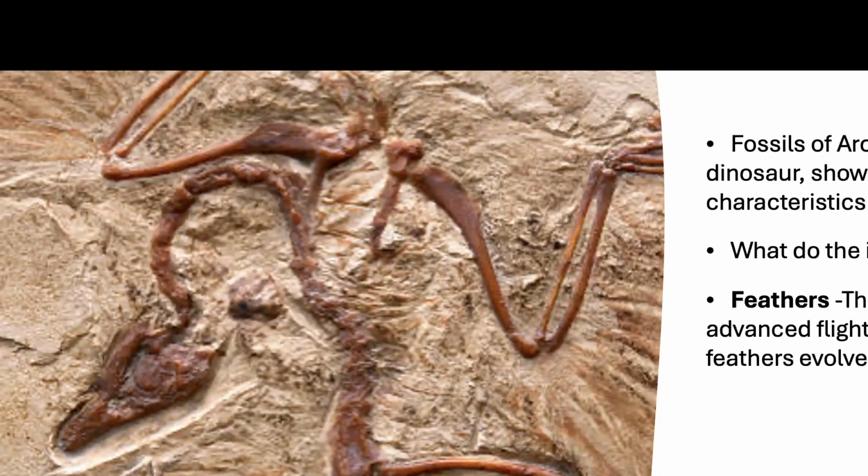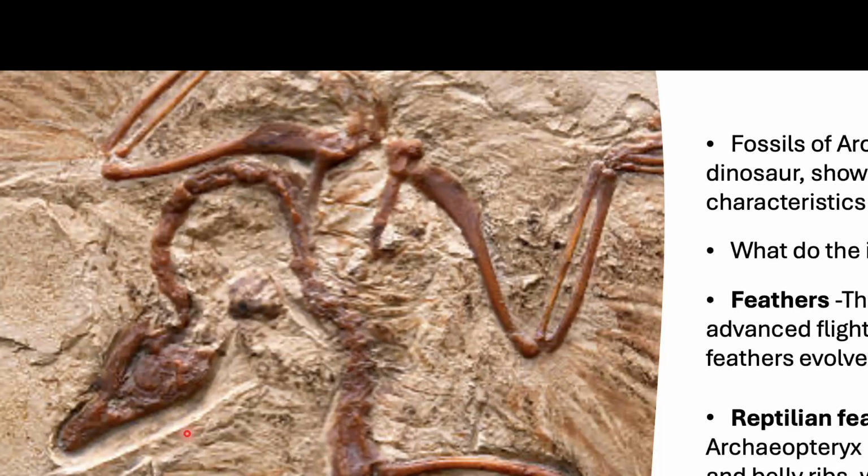The fossils show impressions of advanced flight feathers, which suggests that feathers evolved before the late Jurassic period. So, even before the Jurassic period, the feathers must have evolved for the Archaeopteryx to have such feathers. So now, if an Archaeopteryx, which is such an old animal, still has feathers, then the feathers must have evolved before that. And advanced flight feathers, not just primitive feathers, Archaeopteryx was capable of flight.